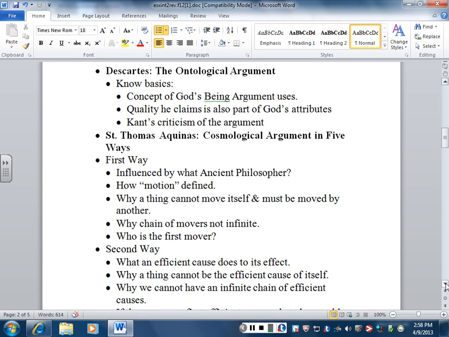But the word he uses, a big, nice 50-cent word, is a precondition of a thing having any properties.